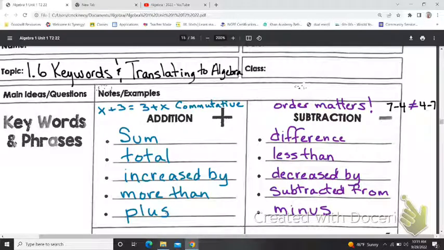So, order matters in subtraction. And even if there's variables involved, the order still matters because the variable does represent an unknown number. So by the same token, this and this are also not equal. Kind of like the no smoking sign, right? Not equal. They're not the same.